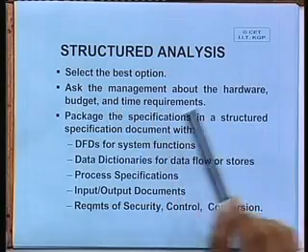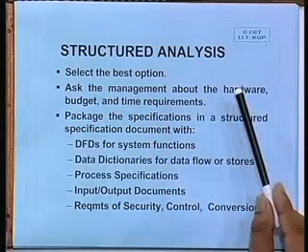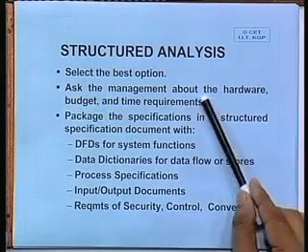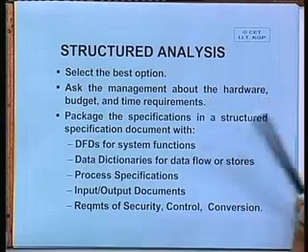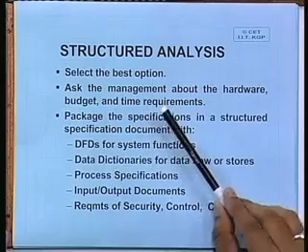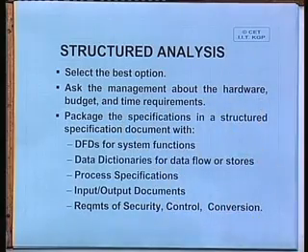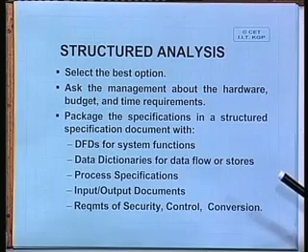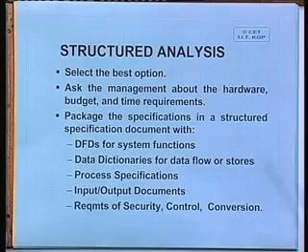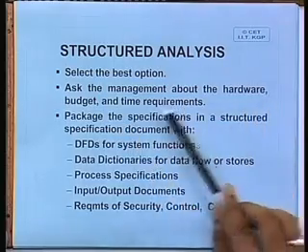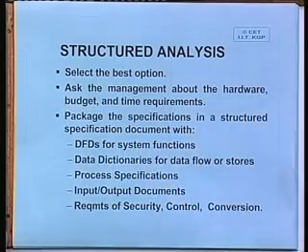Again, who will select this? Not the developer, but the client or the management or the company who is giving you this job. Ask the management about the hardware, budget and time requirements. You have chosen the option, naturally you have to have resources. Without resources you cannot carry out the job. So you require hardware, budget and time, three important things.